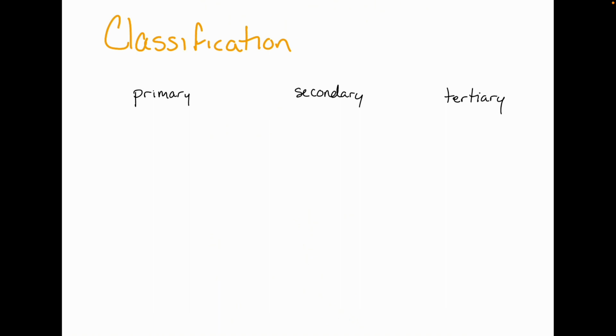Remember, we did the same classification with our alkyl halides, primary, secondary, tertiary alkyl halides. And that was important because they had different reactivities. We had that chart that showed us how they differed, right? So alcohols are the same way.